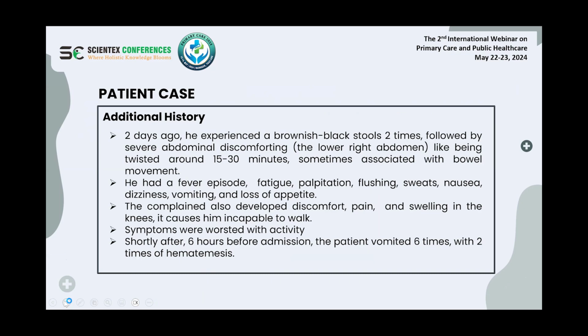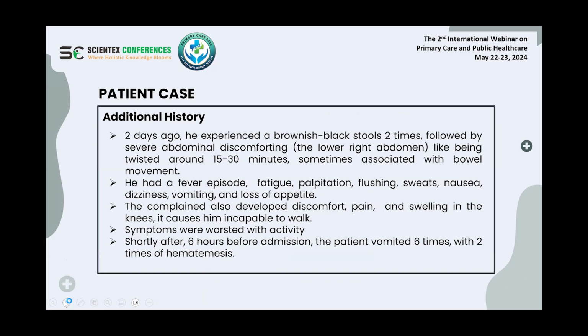I asked a little more about his history. He complained of brownish black stool 2 times, followed by severe abdominal discomfort around the lower right abdomen, like being twisted, lasting around 30 to 50 minutes, sometimes associated with bowel movement, 2 days before admission. He continued with a fever episode, fatigue, palpitation, flushing, sweating, nausea, dizziness, vomiting, and loss of appetite.